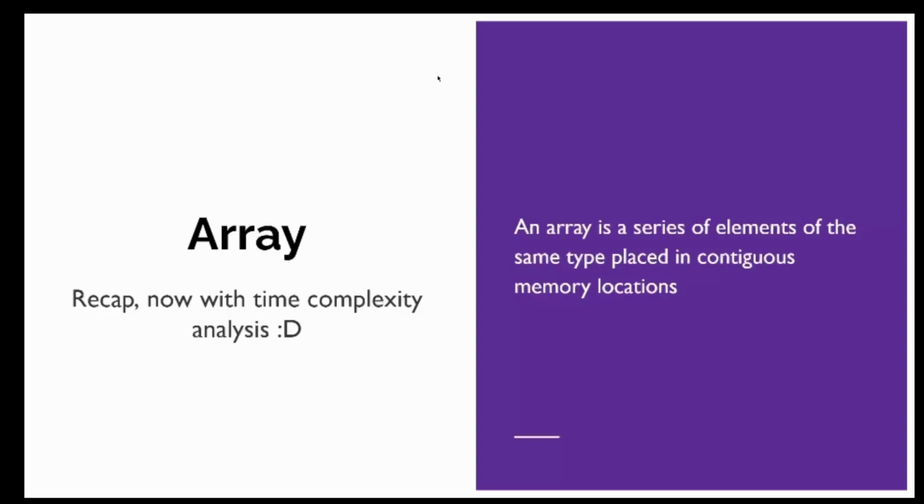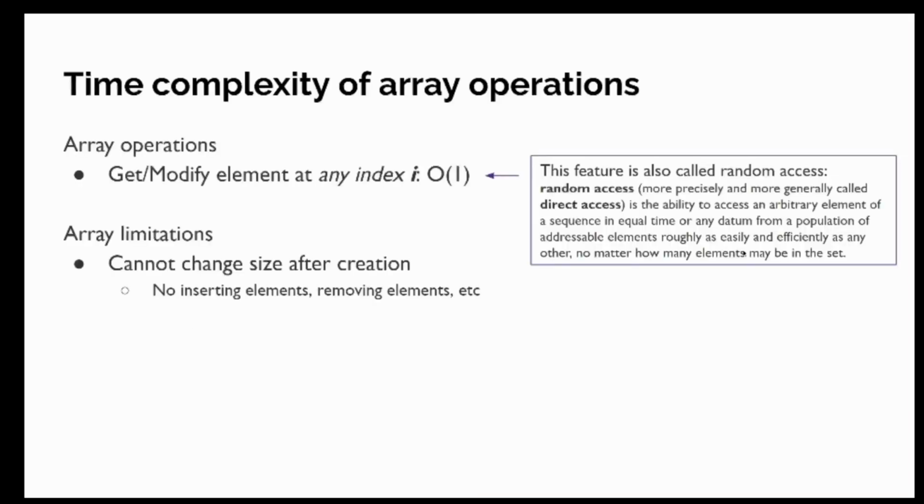So let's look at the first one, array. You all have already learned of an array. It's a series of elements of the same type, e.g. integer, boolean, string, or whatever, placed in a contiguous memory location. What does that mean? In an array operation, you can modify or access any element at index i.